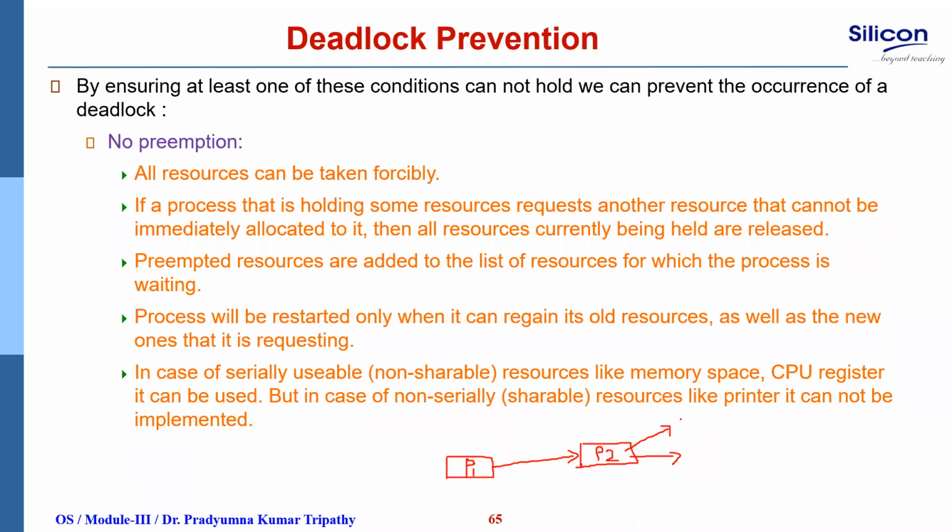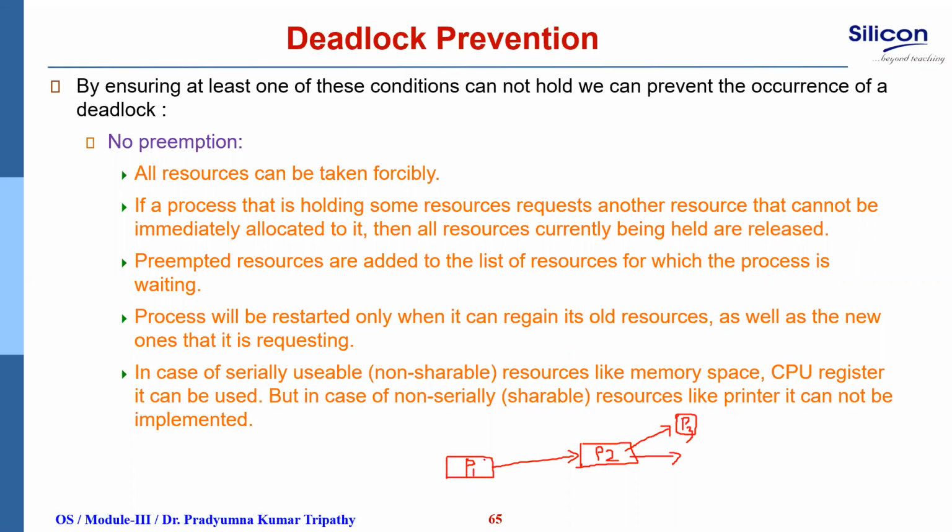If P2 is waiting for a resource which is held by some other process, then the currently held resources have to be preempted and given to P1. Try to understand. P1 is requesting some resource which is currently held by P2. Now suppose P2 is requesting some resources and these resources are free, then definitely P2 will finish.